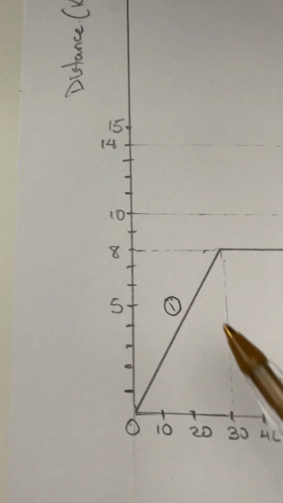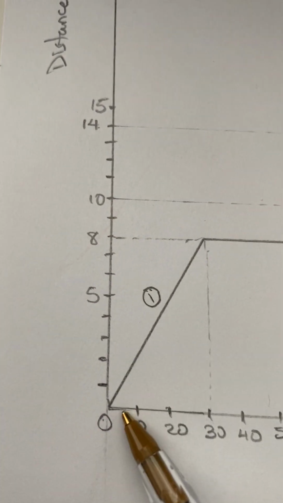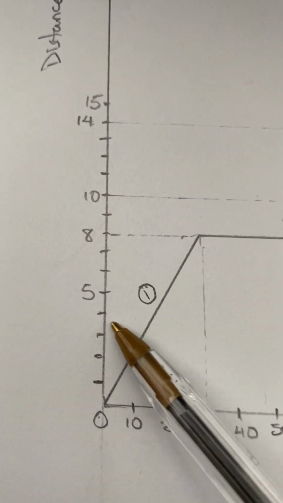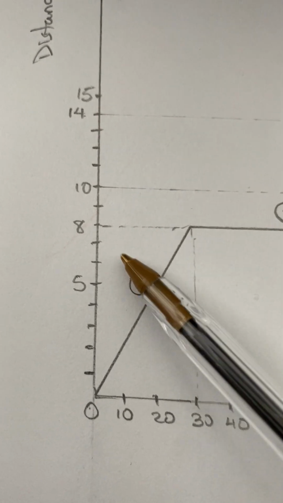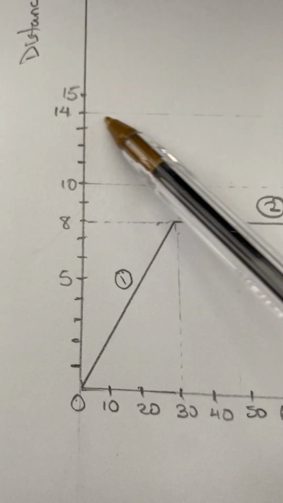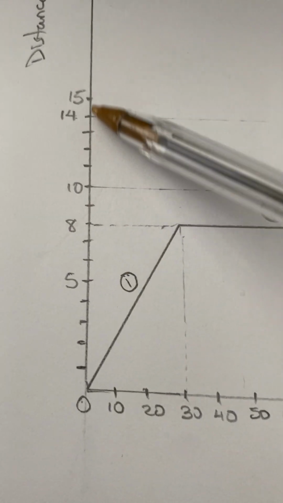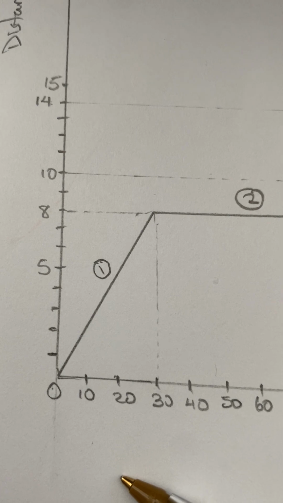Now with the y-axis, nothing really changed, because it wasn't increasing much. She did 8 and then 10 and then 14 and back home. So the scale for the y-axis is the same.